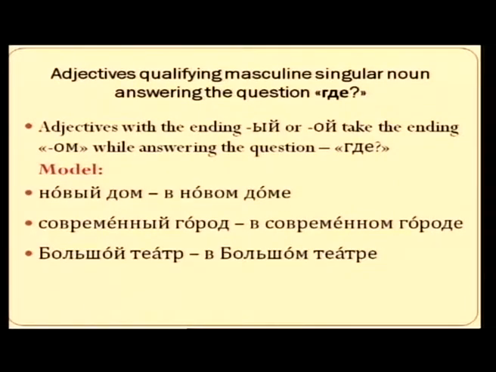Here we have given you a few examples. We will start with the masculine gender adjectives and nouns first. Adjectives qualifying a masculine singular noun which answers the question "где?" These adjectives with the ending "-ый" or "-ой" take the ending "-ом" while answering the question "где?"